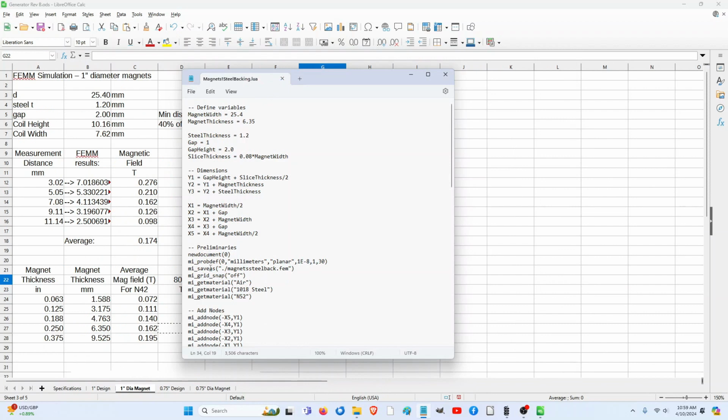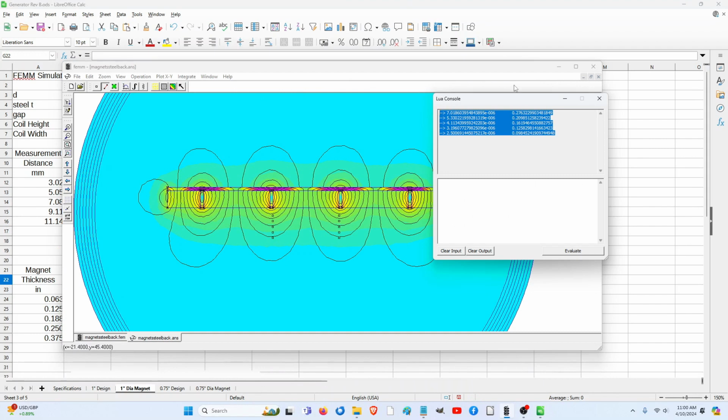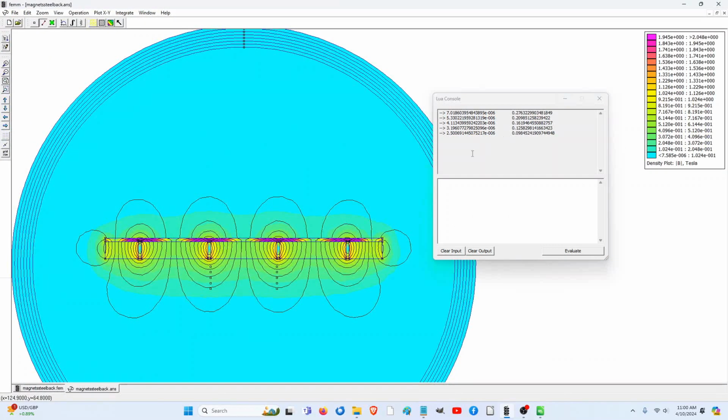I have a text editor where I can change the Lua script, and this is how I can change the size of the magnet or thickness and various things. That was just to automate the process. And I used FEMM, which is a finite element magnetic simulator.